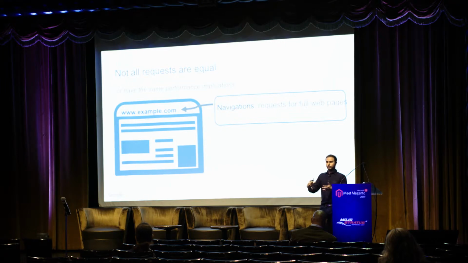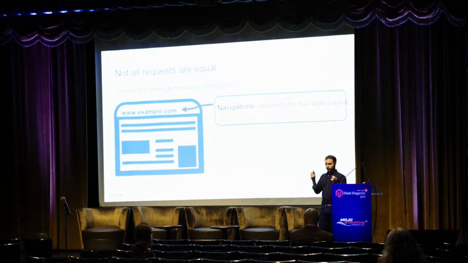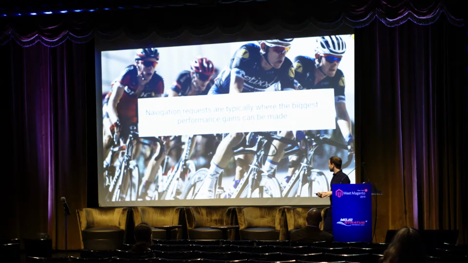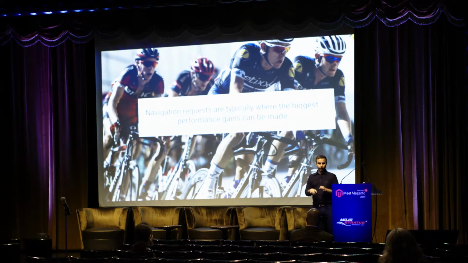Interestingly, when a company is building a PWA, they usually are very good at caching resource requests, but they don't think about caching navigation requests. And if you want to keep something in mind from today's talk, navigation requests are actually where the biggest performance gains can be made in a progressive app.